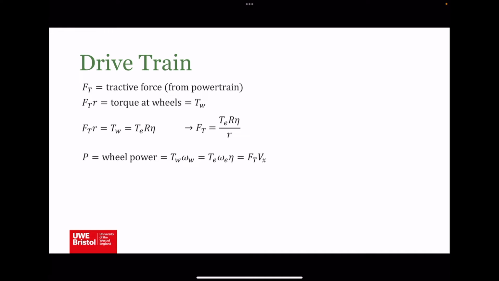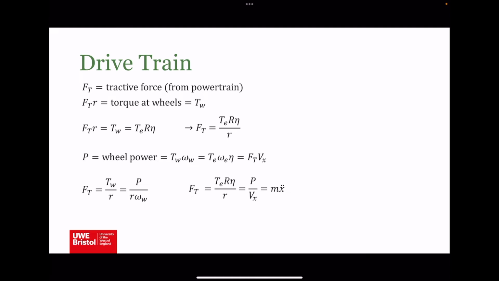Omega of the engine gets rid of the R because we've got the gear ratio in there, and with the efficiency, that must equal the tractive force times how fast the vehicle is going forward, dx.